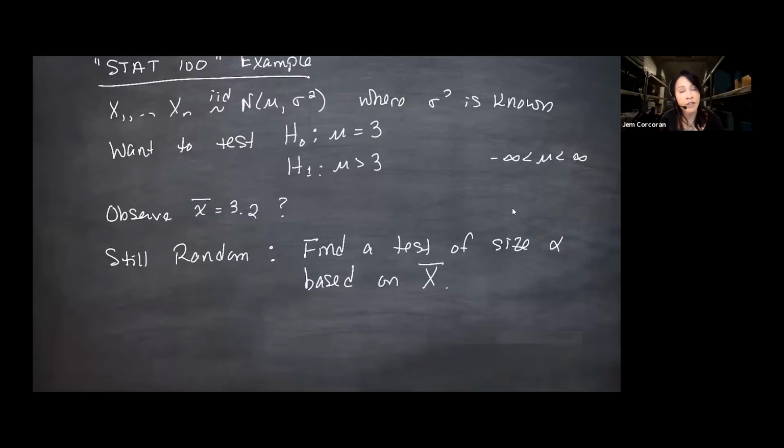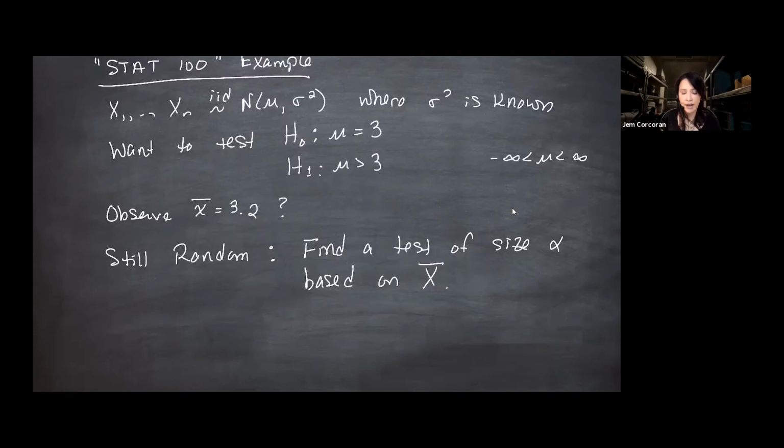Just like with our confidence intervals and various estimators, at this point I'm still giving you the thing to base it on, and that's changing as soon as we finish hypothesis testing. So it might be based on a minimum or maximum or sample variance or something, so I'm going to give you that statistic.